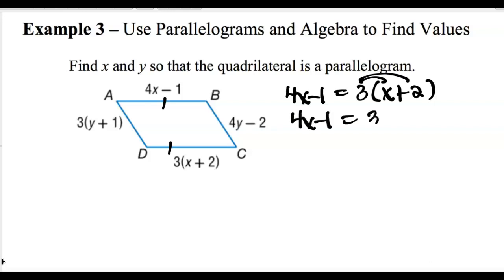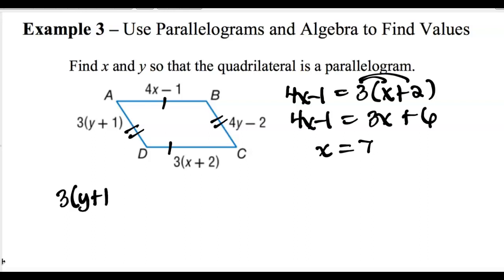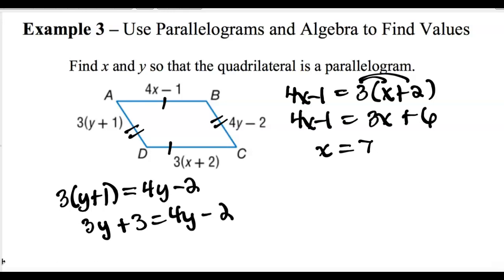If we solve that equation for x, subtract 3x from both sides, and add the 1, we get x is equal to 7. The same thing will be true about these other sides here. 3 times y plus 1 is going to be the same thing as 4y minus 2. Use your distributive property. We would subtract 3y from both sides, and then add 2, and we would get y is equal to 5.